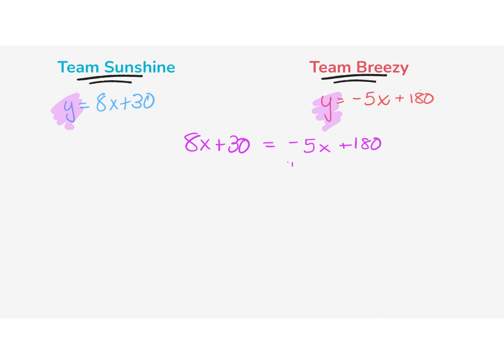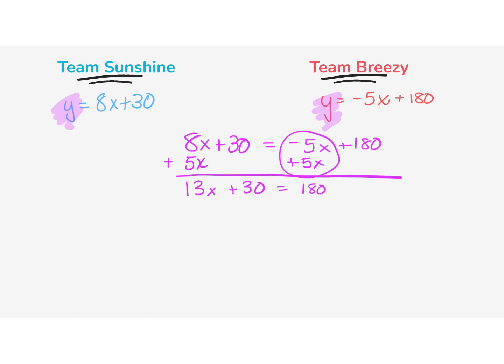All right, we're going to move the 5. We have 13x, which makes me nervous. 13 is a prime number, and it's not a great number to work with. We are going to subtract 30.